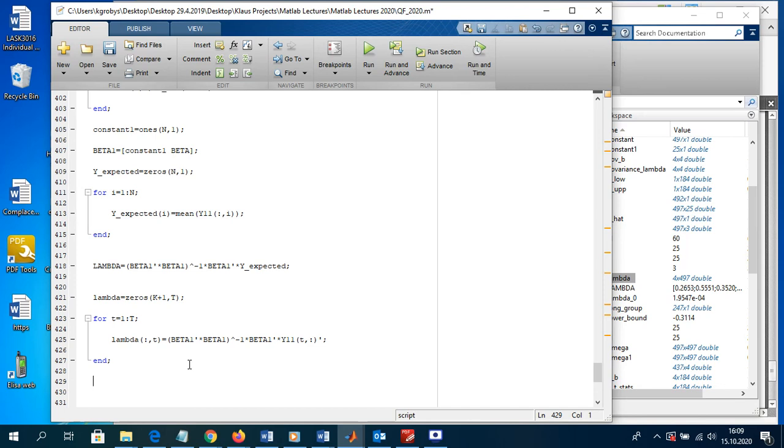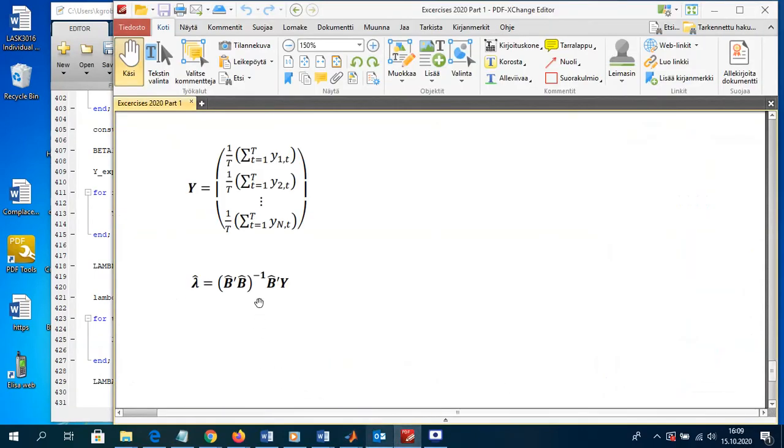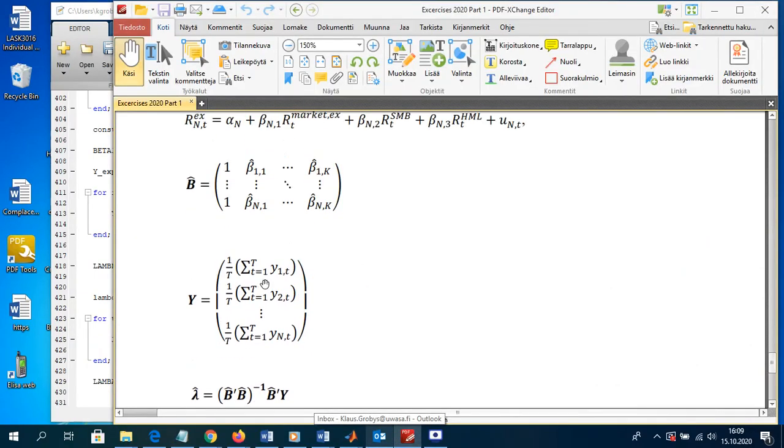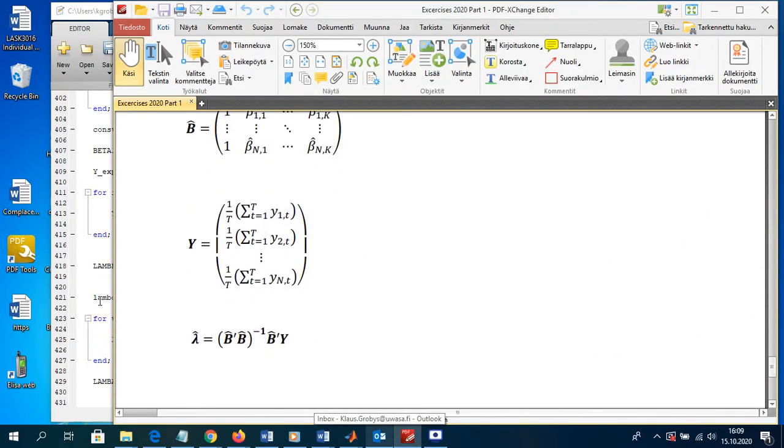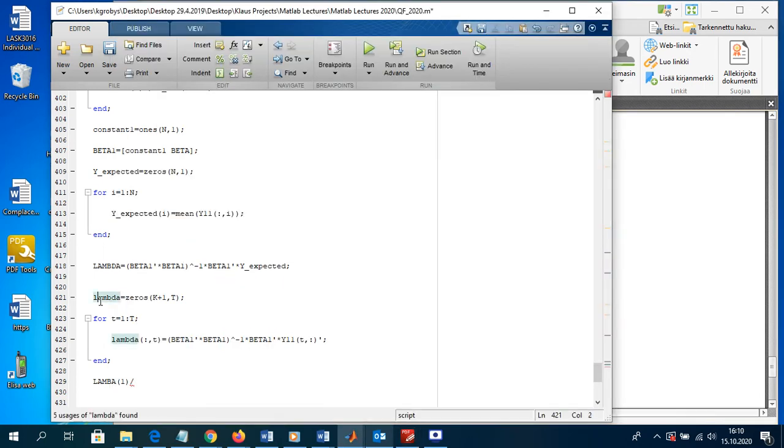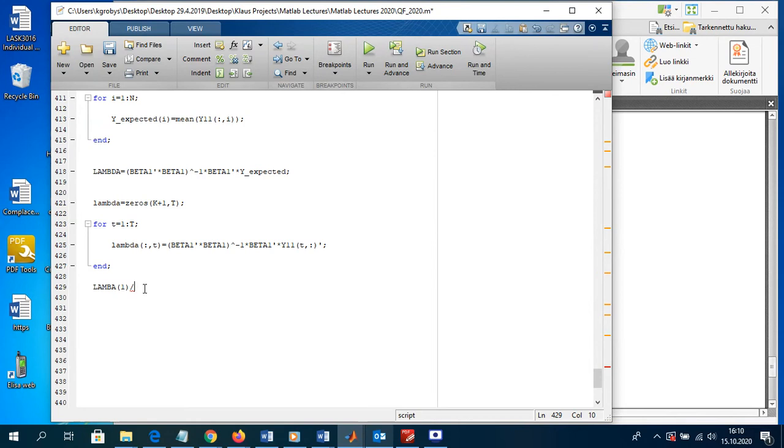And now the corresponding t statistic. So what do we have to do? We go to the estimated risk premium vector, the average vector, lambda. Let's take the first element, which is the corresponding estimate for the average unexplained part, which is the lambda 0.